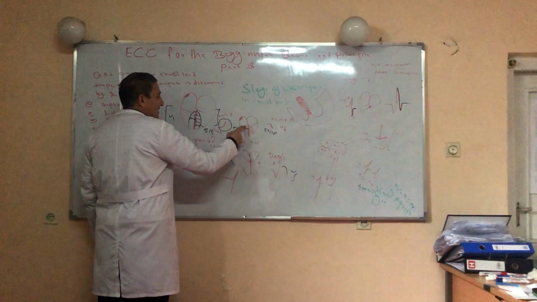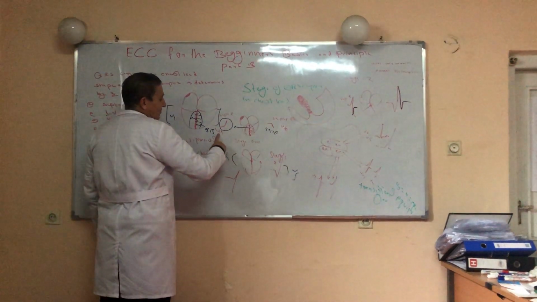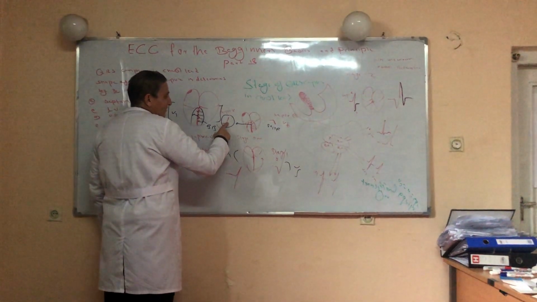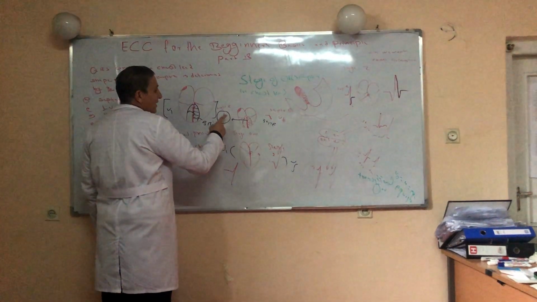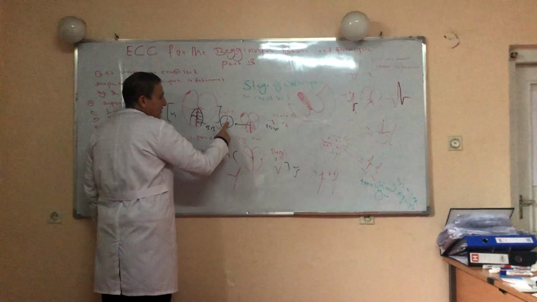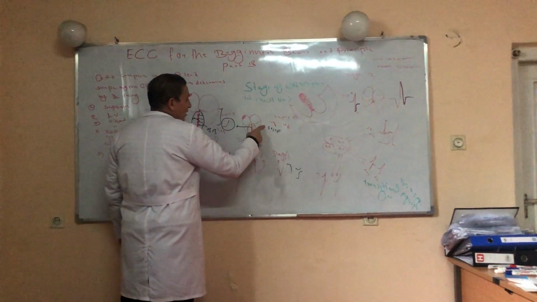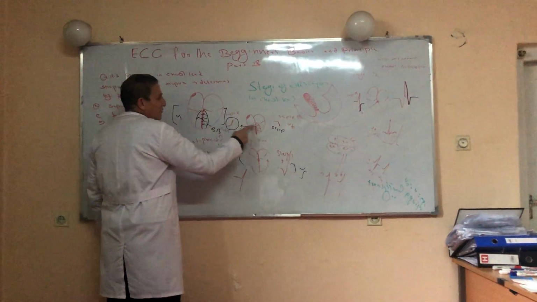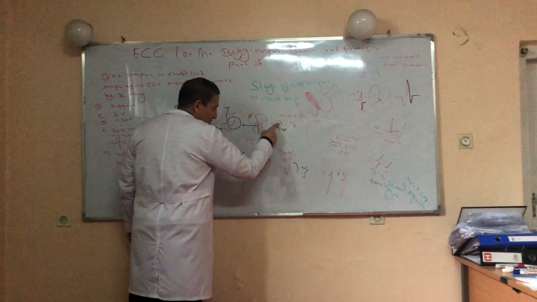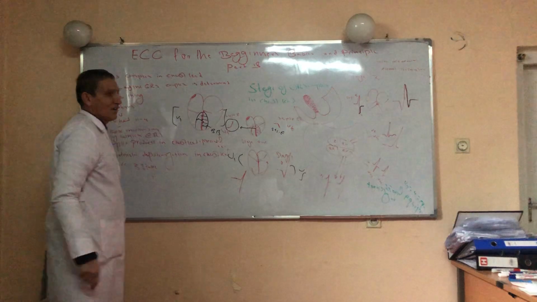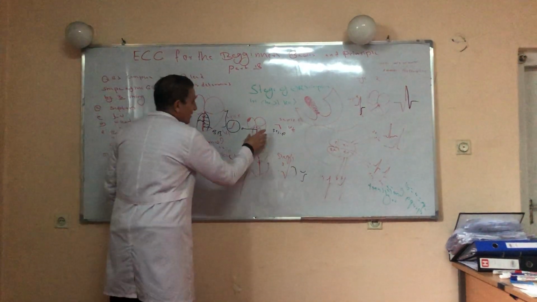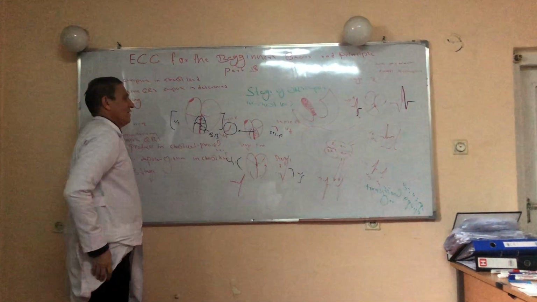In this situation, the electrical impulse moves toward V1 and produces a positive deflection. This deflection is small and rapid, and represents septal ventricular depolarization. On the opposite side, when the electrical impulse moves toward V1, it moves away from V6. In V6, it produces a small negative wave, which is called septal Q. This was stage 1.